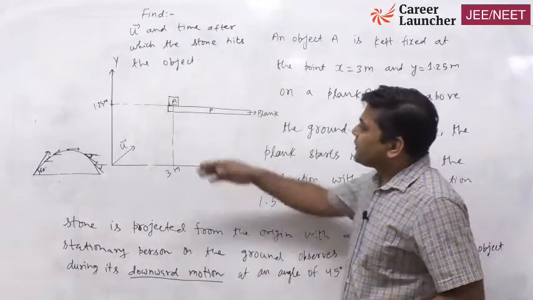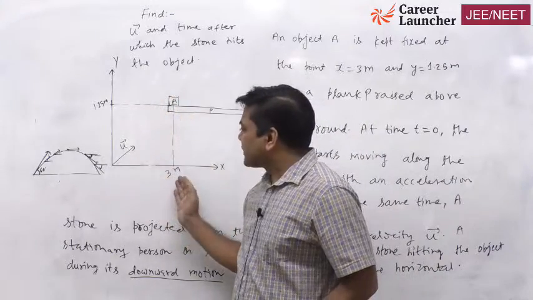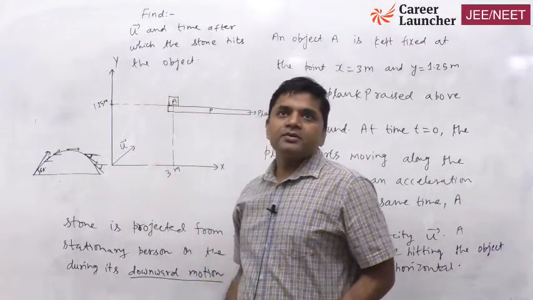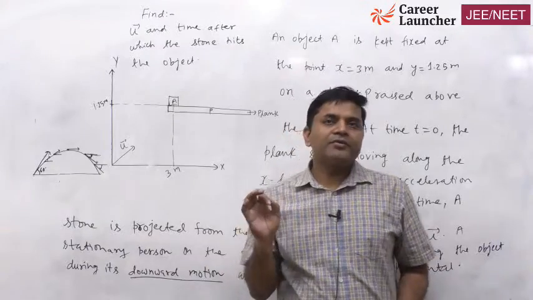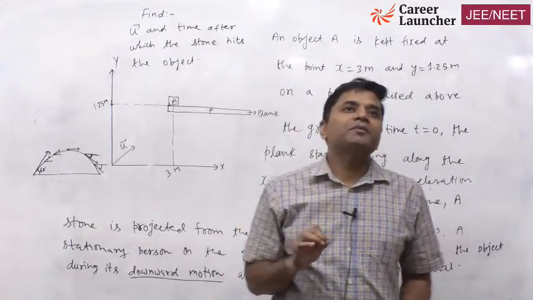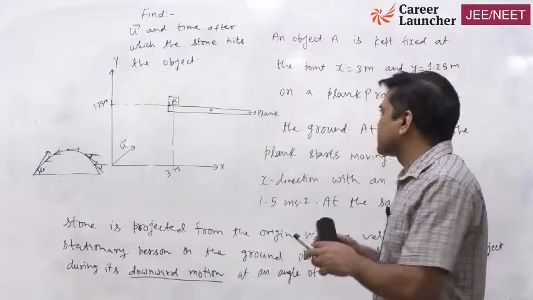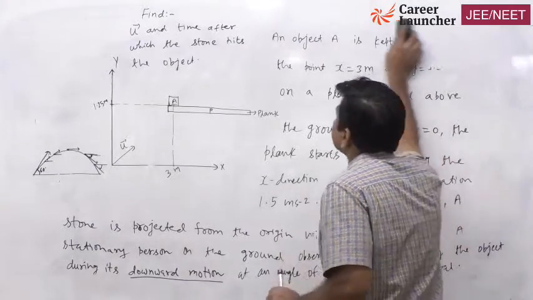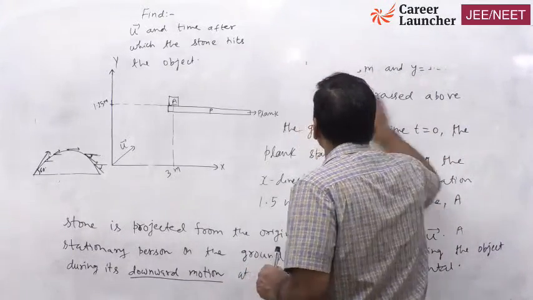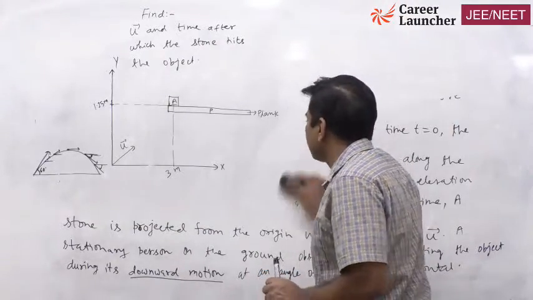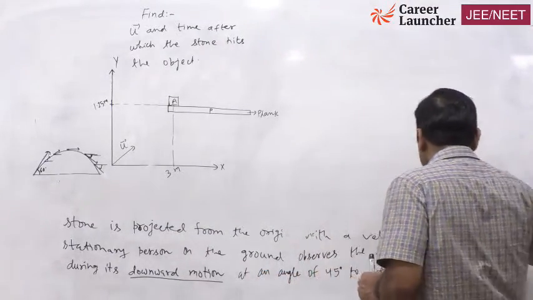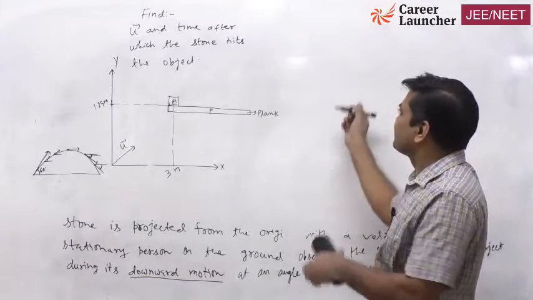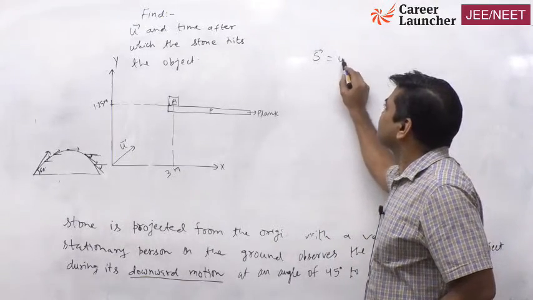Because height is given, 1.25, 3 meter, and horizontal distance is given. So s equal to ut plus half a t square, where s stands for displacement in horizontal and vertical direction. Any question you want to solve, you need to start with this equation most of the time. Let's see.